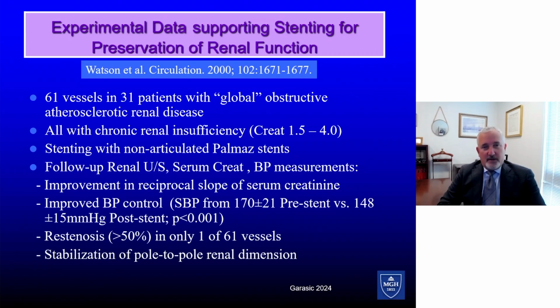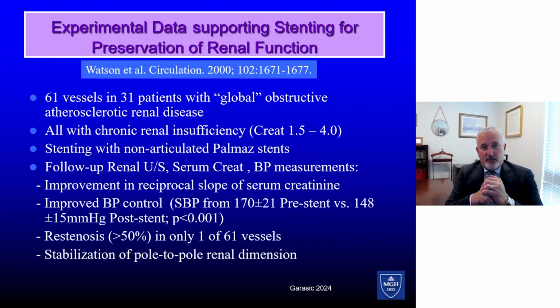So here's kind of a smart study from quite a while ago now, again, prior to the randomized data that we got. But the bottom line is that this used 61 stenosed renal arteries in 31 patients. All of the patients had quote unquote global renal artery stenosis, which is to say bilateral, severe, or unilateral if they only had one kidney.